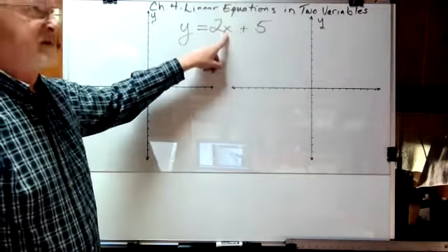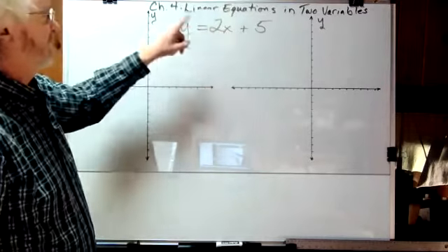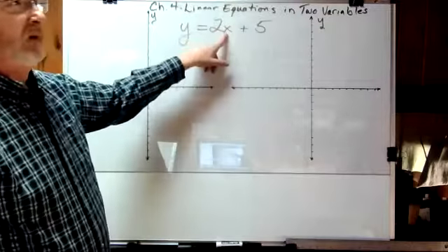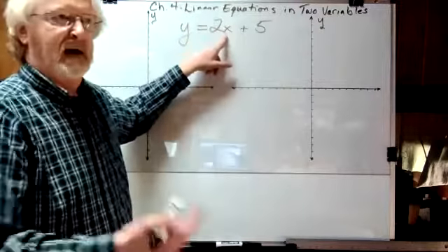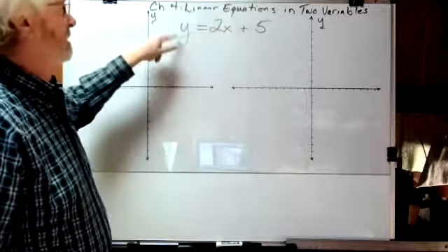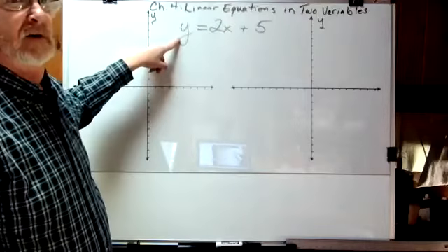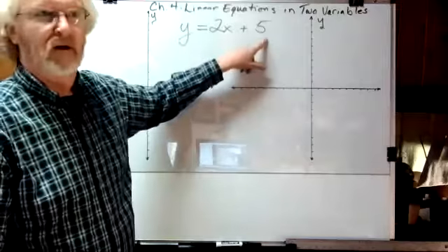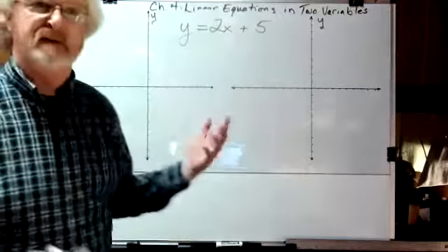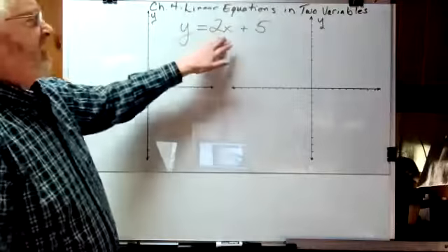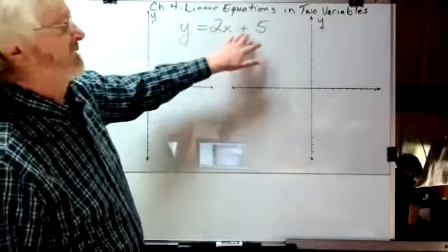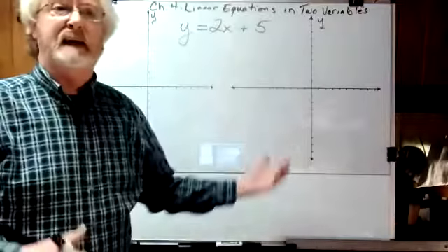So you can imagine I could get an infinite number of solutions. If I pick a 1 for my x value, there's a certain number I get for the corresponding y value: 1 times 2 plus 5. If x is a 1, then y turns into a 7. If I pick a -3 for x, -6 plus 5, y turns into -1.